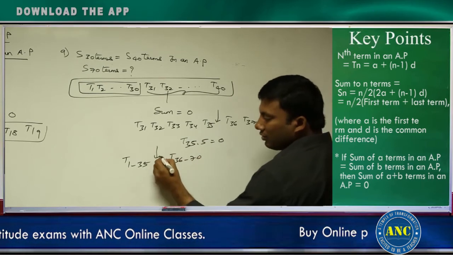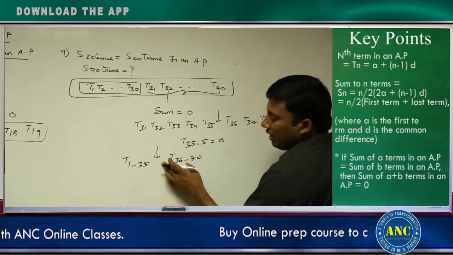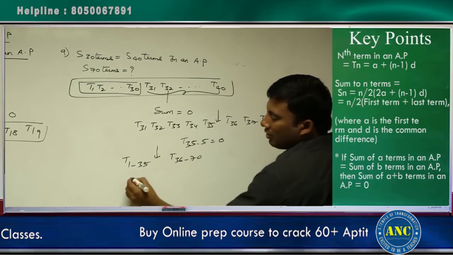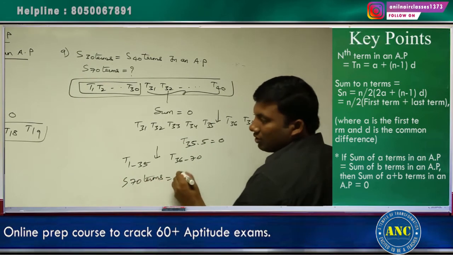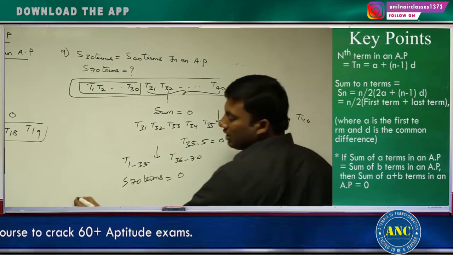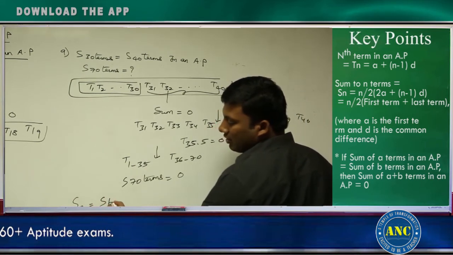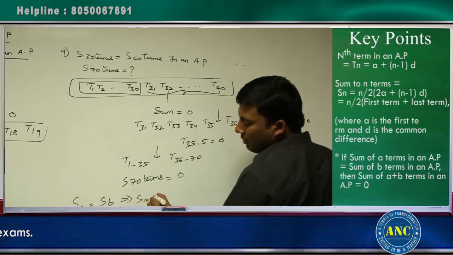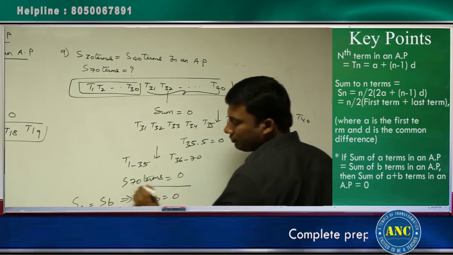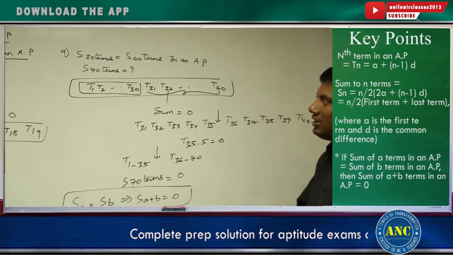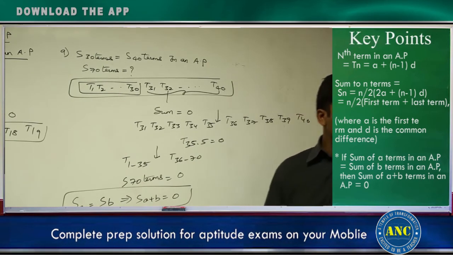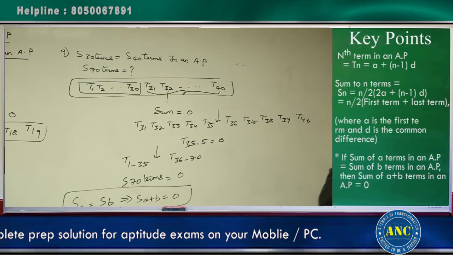What is the middle value? 35.5. T35.5 is 0. What is the sum of 70 terms? It is also 0. That is why in textbooks it is written like this: SA equivalent to SB, then S(A+B) is 0. S30 is S40. Right?